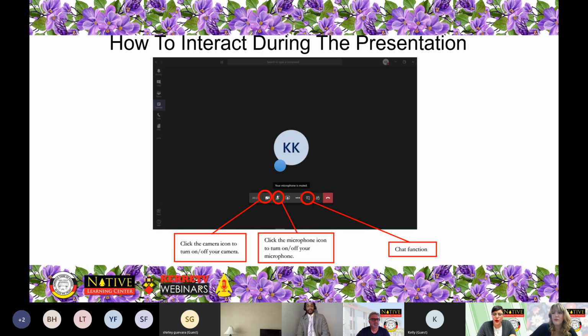Awesome. So before we begin, we want to show you how to interact with Microsoft Teams in case you're not familiar. If you are on the web browser and you hover your mouse over the screen, those little icons are going to pop up for you to turn your camera on or off if need be. We do prefer cameras on because we get to put faces to the names and it feels a little bit more personal.